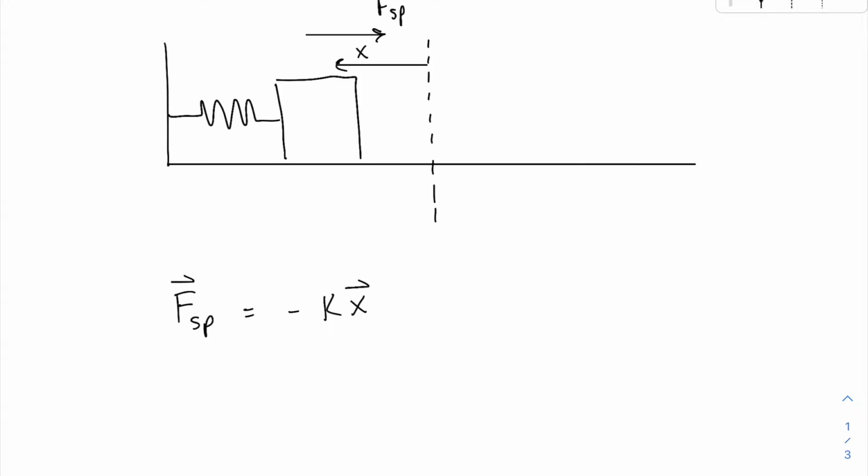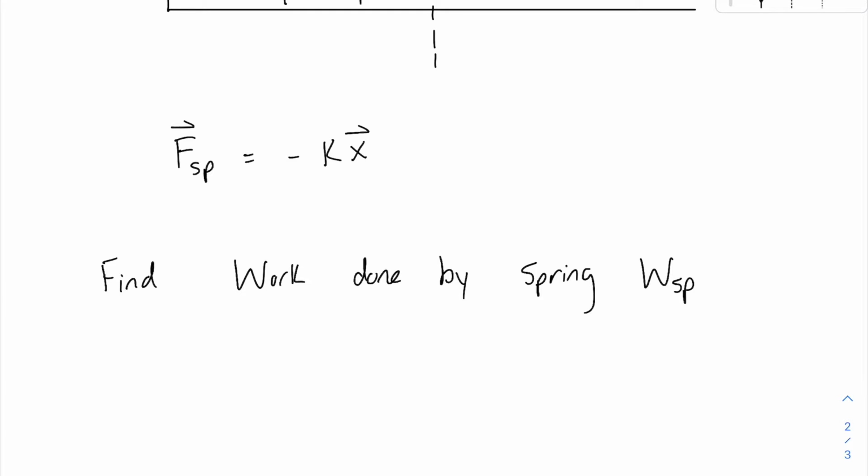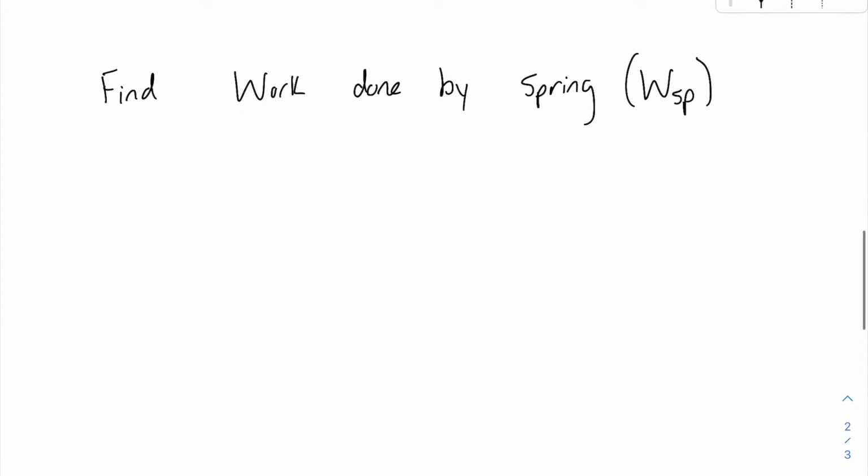So what we're going to do from here is figure out the work done by the spring. We're going to find the work done by the spring, called W_sp, sp for spring. And we're going to do this graphically first, and then for AP students, we will use calculus to figure out the work done by a spring.